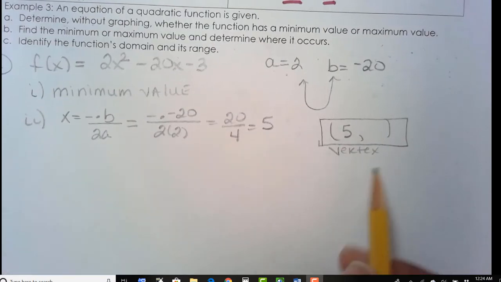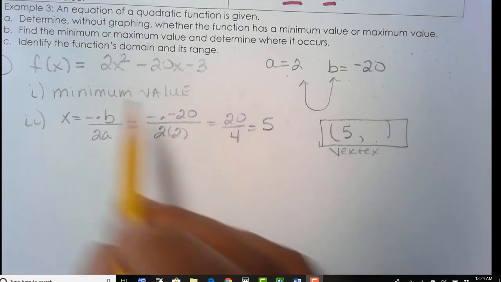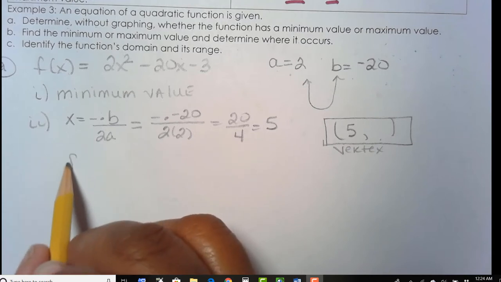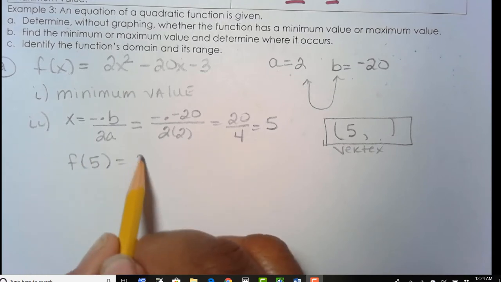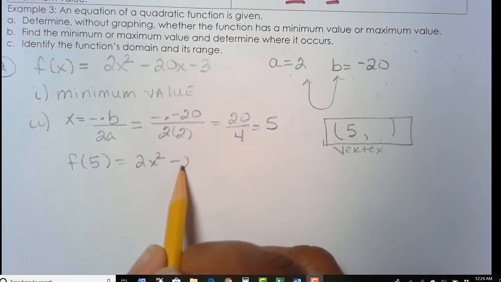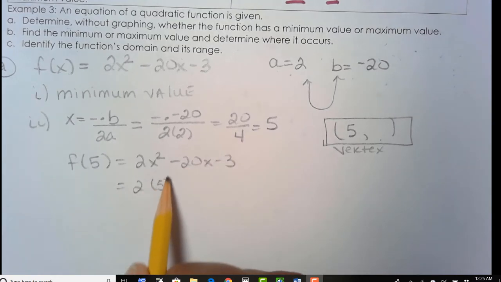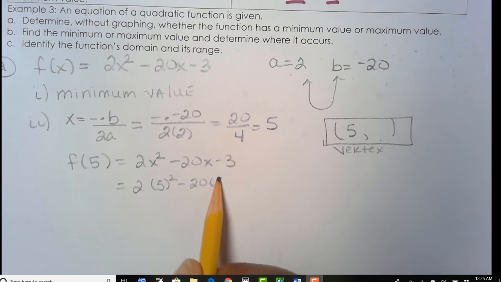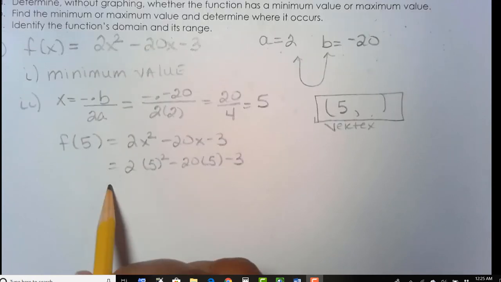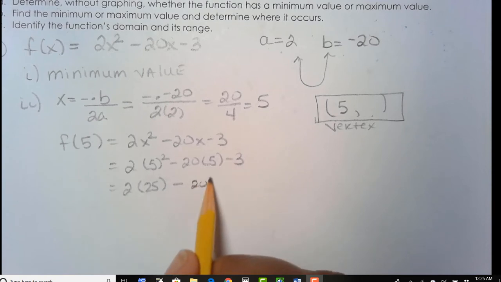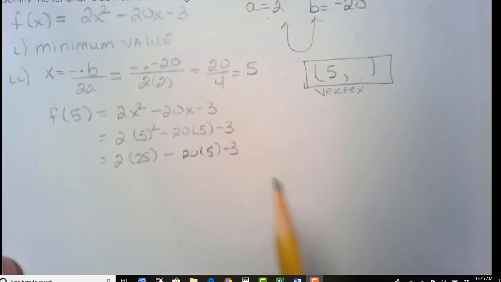So let's find y. We're going to take our original function and substitute 5 in for x. So we have 2 times 5 squared minus 20 times 5 minus 3. 2 times 25 minus 20 times 5 minus 3.